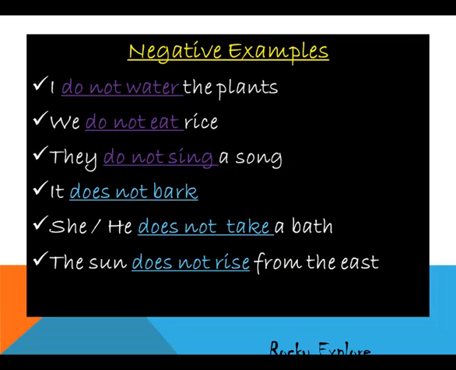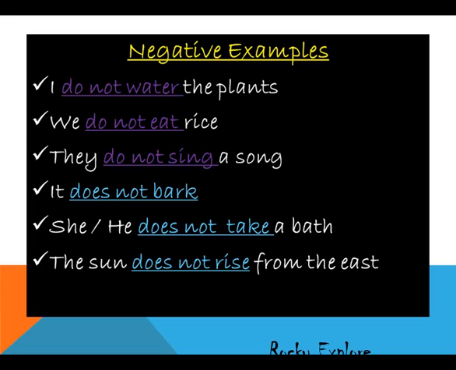Negative examples. Here in these negative examples, you have to keep this fact in mind clearly, because it is not as simple as using not after the verb you first got. The first one was in simple present tense: I am a teacher. When it is converted into negative form, we simply use the word not after the main verb: I am not a teacher.